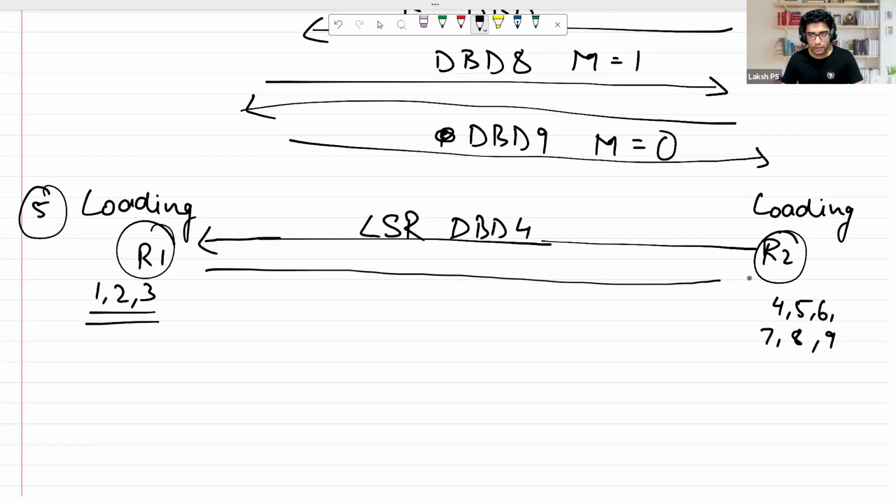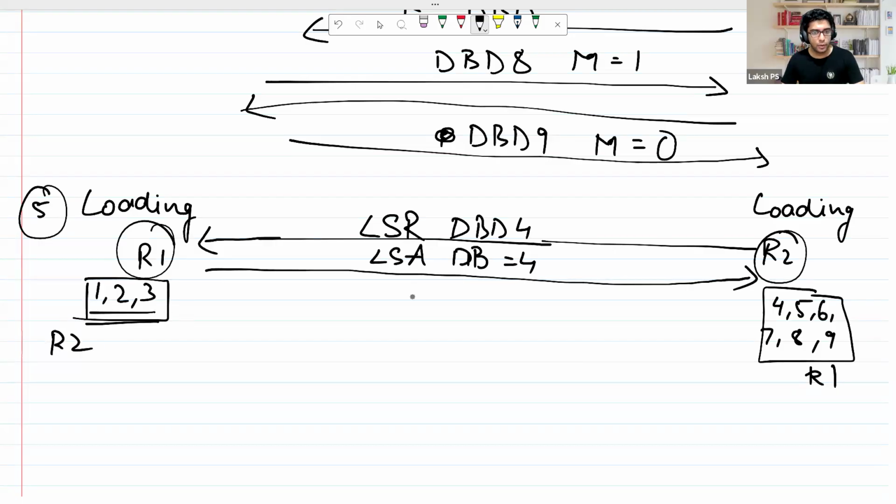In response, R1 will send a link state acknowledgement, with the whole database of number 4. These are R1's database, these are R2's database. So R2 is requesting the database of link number 4. As a response, R1 will send back the whole database for R2.